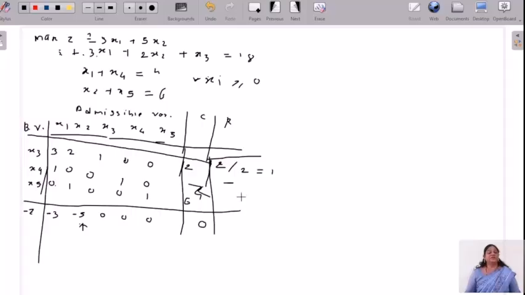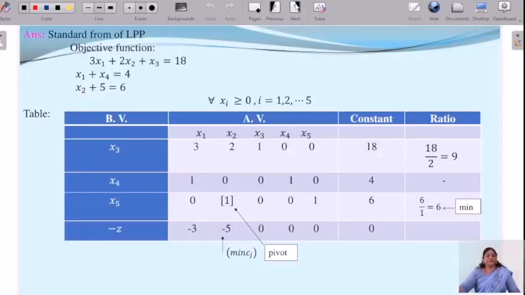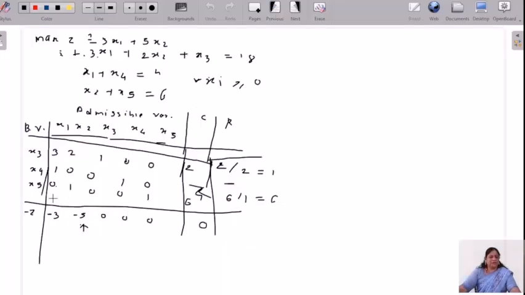And next one is 6 upon 1, therefore it is equal to 6. See, here we convert the LPP in the standard form. Instead of x1 there is x2. I have already considered x2, na?